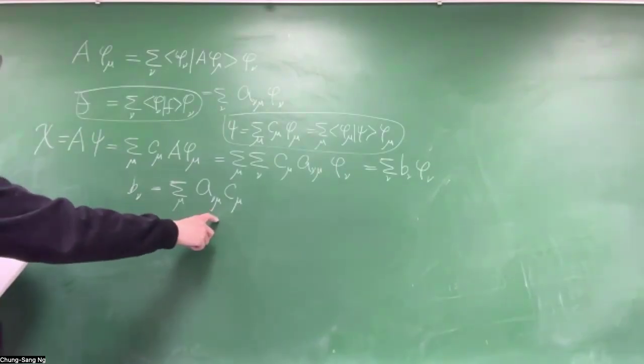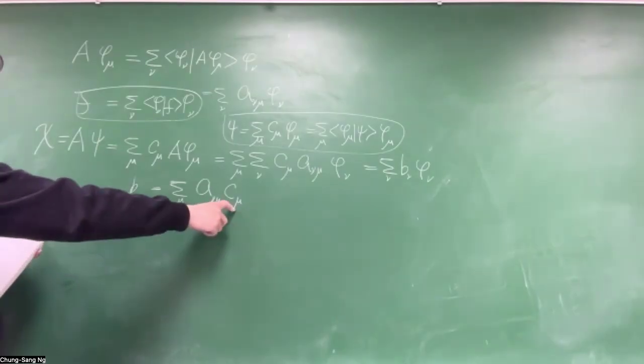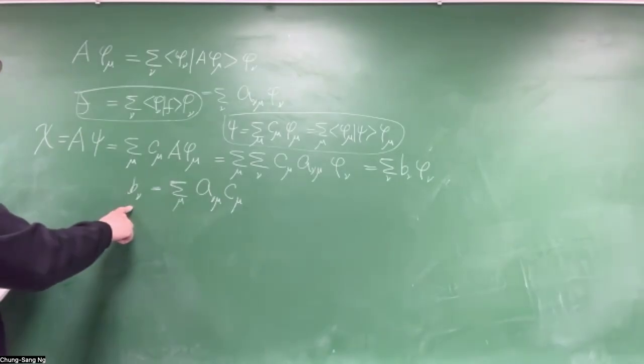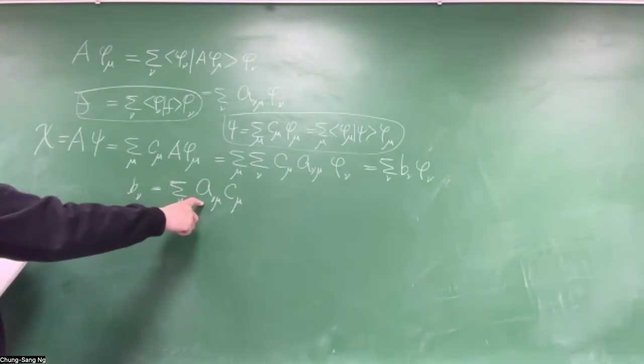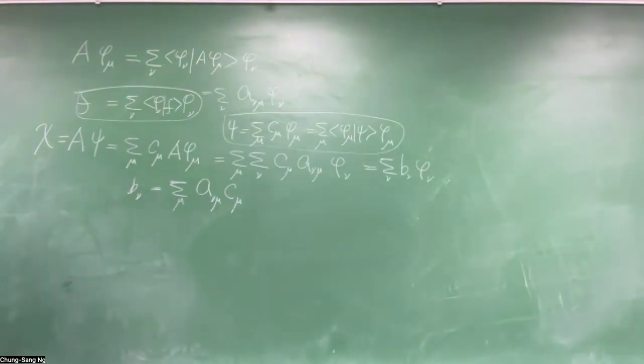That makes it a matrix multiplication. If you represent C mu as a column vector and b nu as a column vector, then this becomes a square matrix. A square matrix multiplied by a column vector gives you another column vector, right?